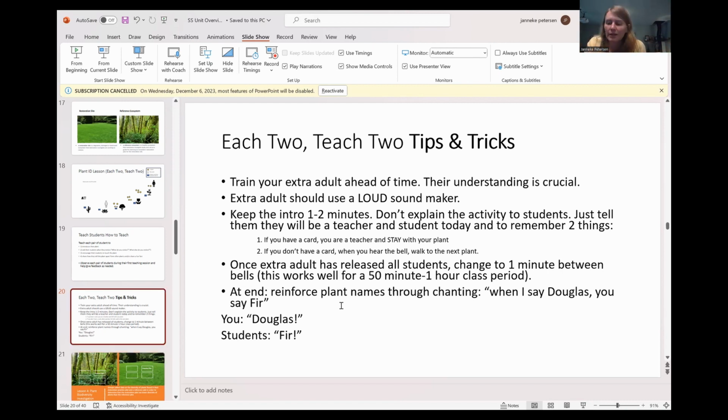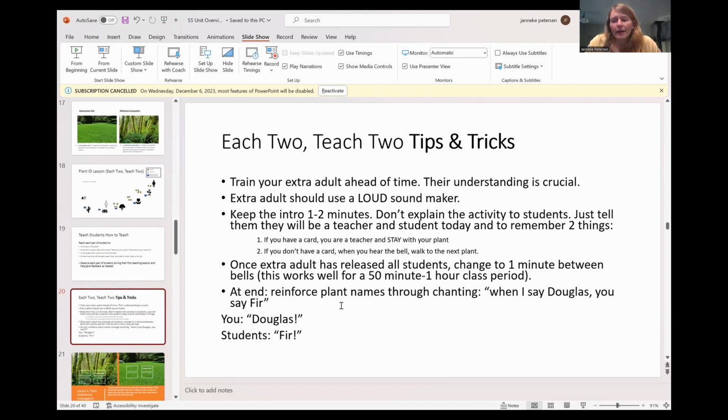You can do 2 minutes in between plants. You can get all the way through the line. So take 2 hours if you've got it. But you can do this in a 50-minute class period, and changing to 1 minute between bells, so that they just learn about one plant for 1 minute, works really well.